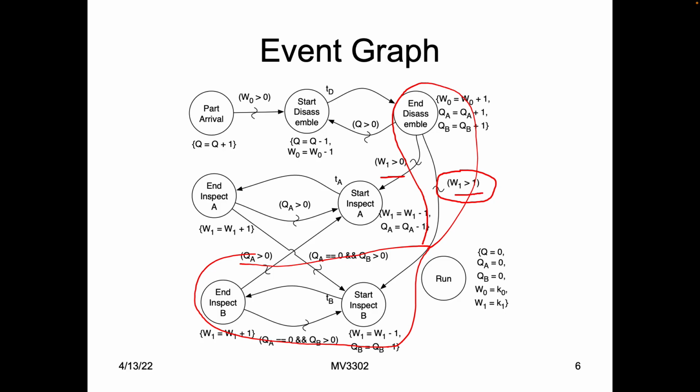If there's more than one inspection worker available, then we can also schedule a start inspection of type B. And once we do that, it's exactly the same as our multiple server queue, at least going forward.